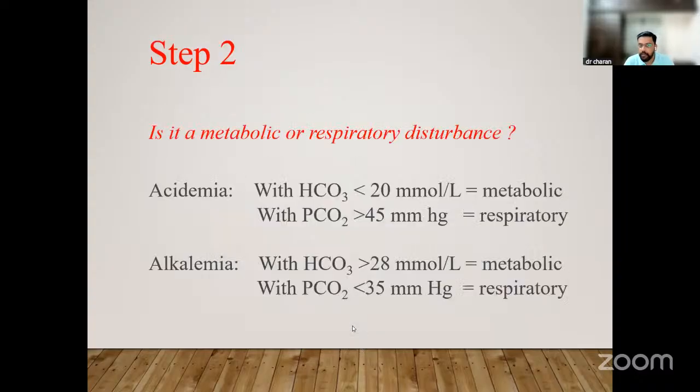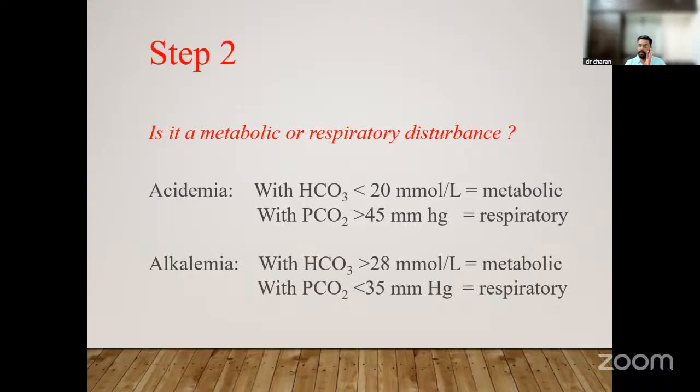So the next step is, once you find out if it's acidemia or alkalemia, to find out what is the primary problem. What is the primary organ that is affected, either lung or kidney, whether it is because of carbon dioxide or bicarbonate.